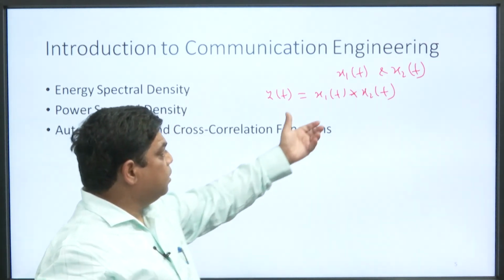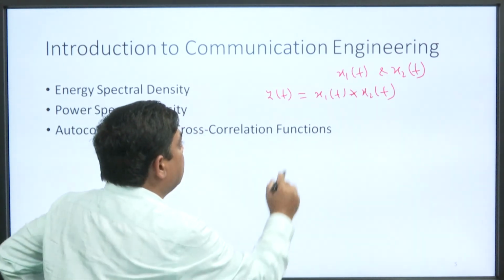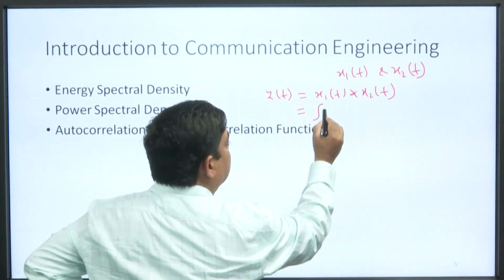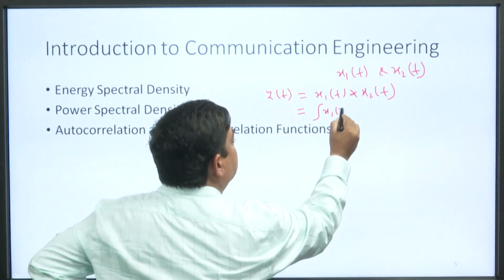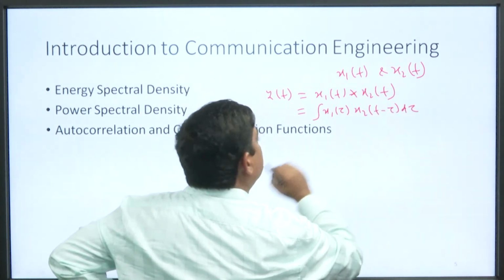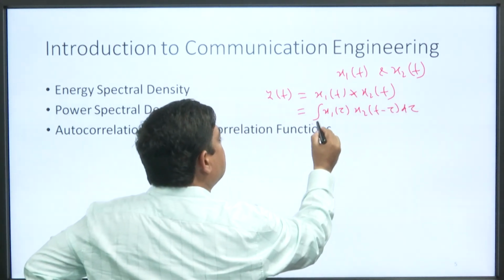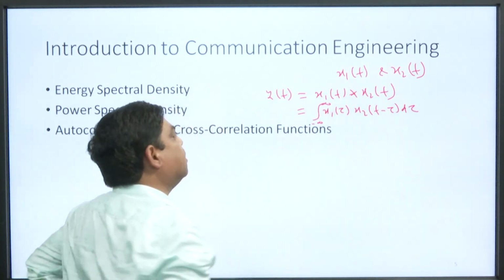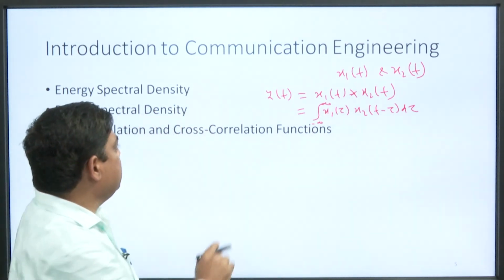The linear convolution equation can be written as the integral of x1(tau) x2(t minus tau) d tau, where tau ranges from minus infinity to plus infinity, the complete range. This is the linear convolution equation.